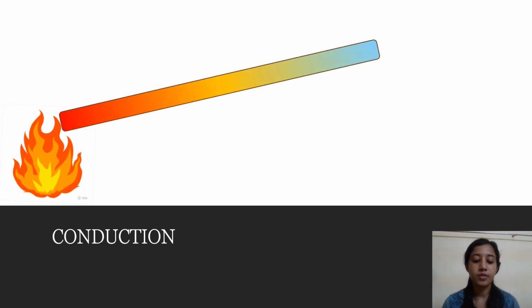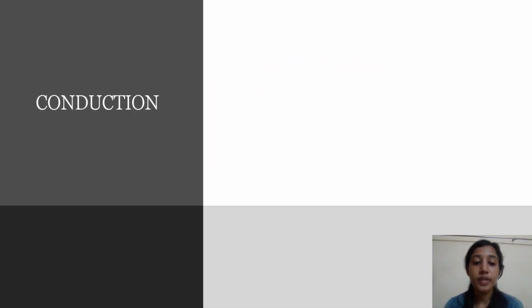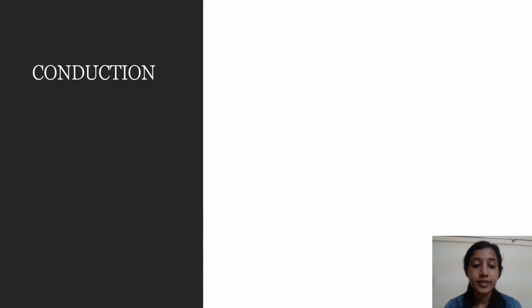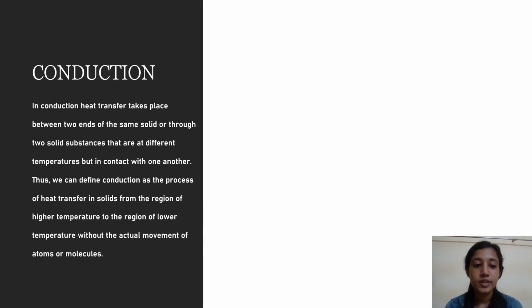So as you can see, conduction takes place in solids. In conduction, heat transfer takes place between two ends of the same solid or through two solid substances that are at different temperatures but in contact with one another.